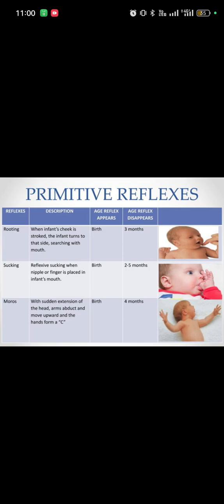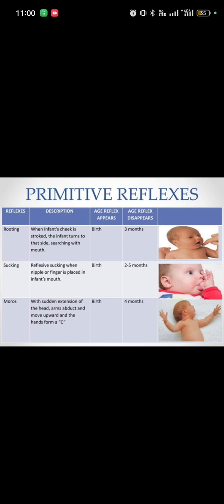Next, the Moro reflex. In the Moro reflex, with sudden extension of the head, the arms abduct and move upward, and the hands form a C. Means the baby suddenly extends the neck and the arms are abducted and start to move upward.